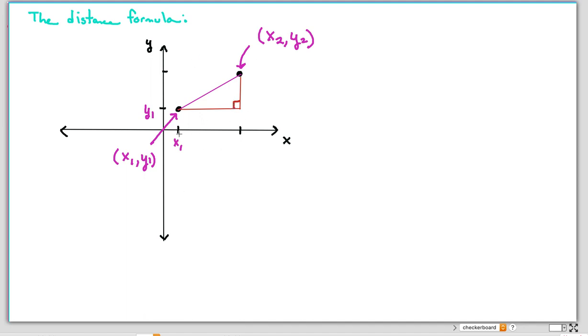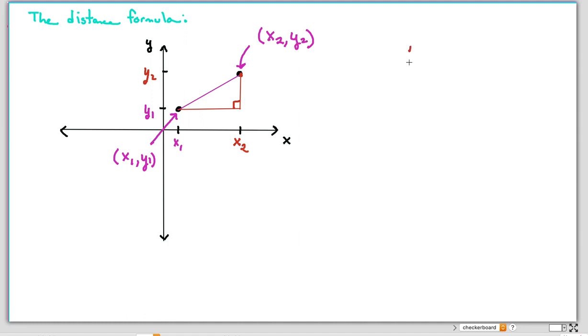Now with this figure, we just have to realize certain things. If you look, this point is x2, y2. We should know that then this is x2 down here, and this is y2 up here, because the ordered pair for that point is x2, y2.